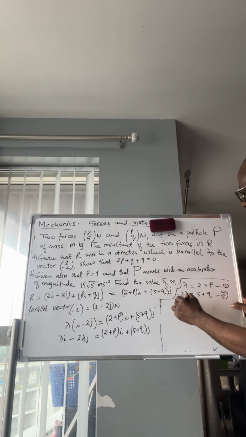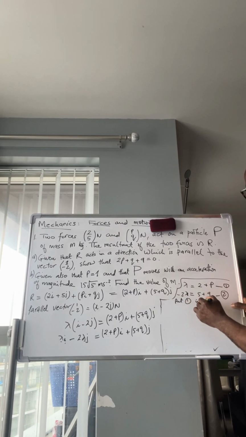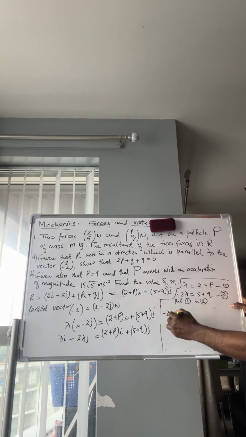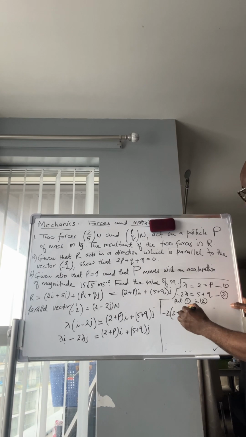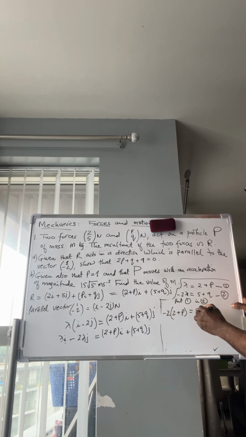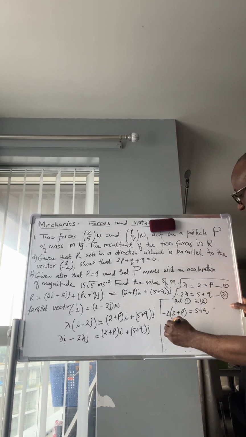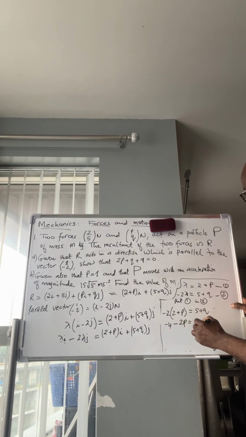Put 1 in 2. That's what I'm doing. So now I have minus 2 lambda, which is 2 plus p, equals 5 plus q. So now you get minus 4, minus 2 times 2 is minus 4, minus 2p equals 5 plus q.